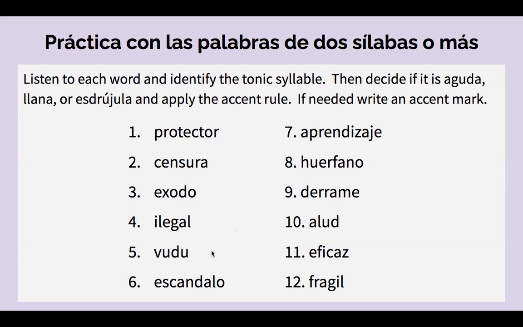Número 5, vudú. Vudú. Número 6, escándalo. Escándalo. Número 7, aprendizaje. Aprendizaje.